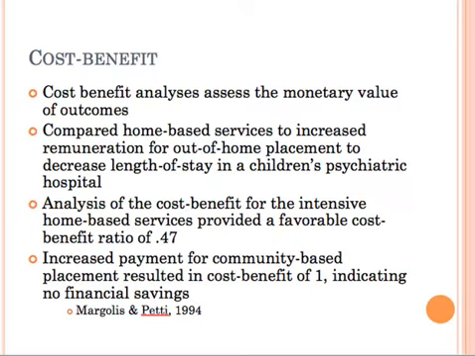When they analyzed the cost-benefit for the intensive home-based services, it provided a favorable cost-benefit ratio of 0.47. When they analyzed the increased payment for community-based placement, however, it resulted in a cost benefit of 1, indicating that there were no financial savings for this particular service to decrease length of stay in a children's psychiatric hospital.